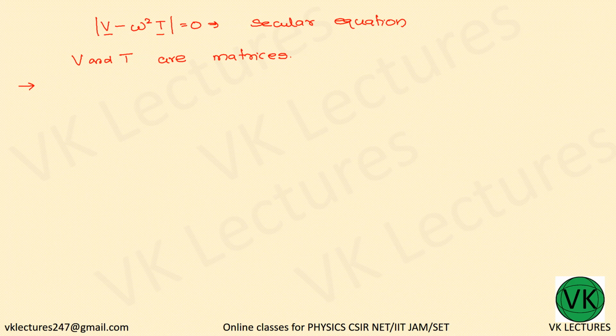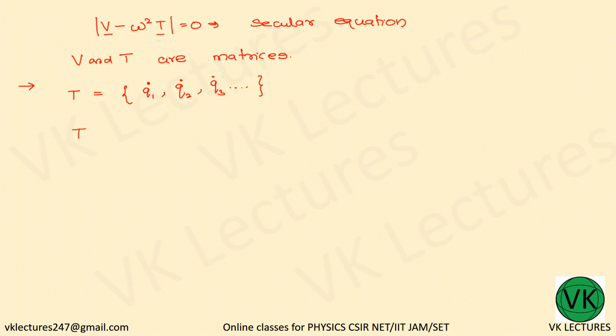Now we know that the kinetic energy will be written in the form of velocity. So T is a function of, let us write, q1 dot, q2 dot, q3 dot, etc. Now we need the matrix quantity.